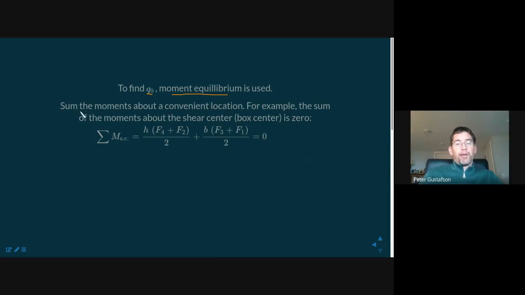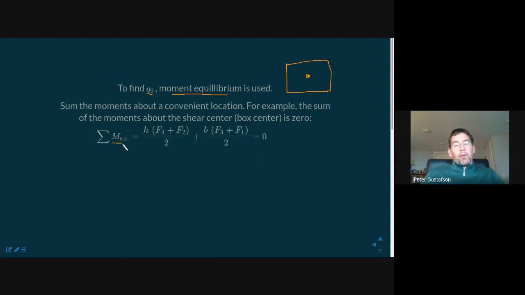Now, with any moment calculation, you want to sum it about a convenient location. In this problem, there are potentially a number of convenient locations. One of them is we already know where the shear center is. In this case, I might take the moments about the shear center. It's actually at the origin of our coordinate system, and it's actually at the centroid. So there's three reasons why we might choose to do it at this one location.